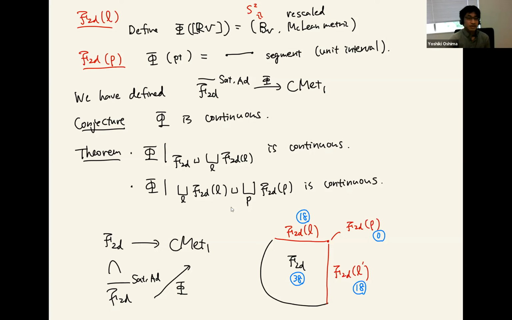But it is not proved yet that if you take a sequence from F2D to F2DP, then it is continuous along this F2D to F2DP. This is not proved yet. Okay, so we'll give a very brief sketch of the proof of this first statement.